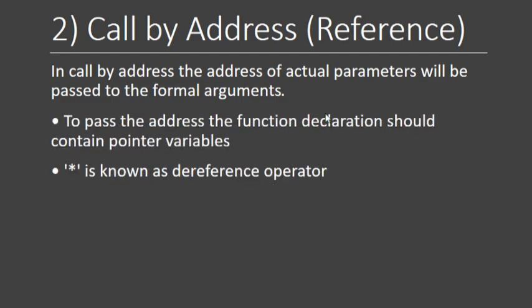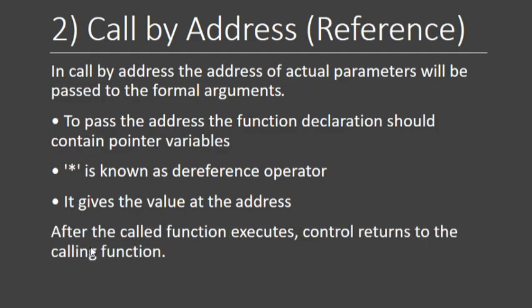In call by address, the address of the actual parameter will be passed to the formal arguments. To pass the address, the function declaration should contain the pointer variable. This star is known as the dereference operator. It gives the value at the address. We are passing the address from the main program to the user defined function.